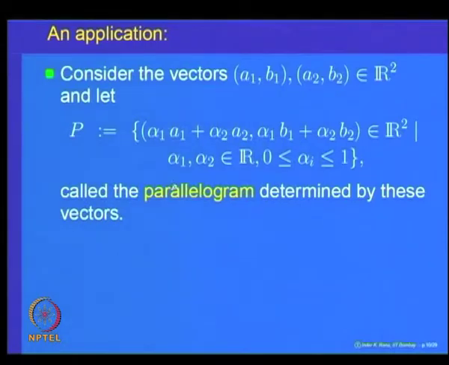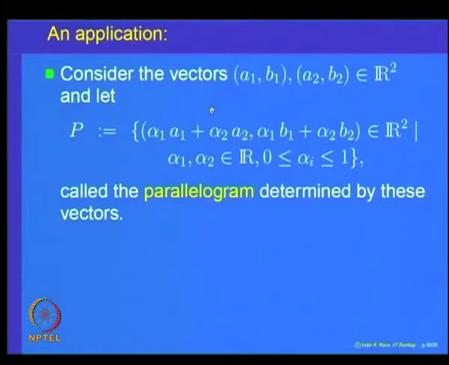So, let us look at the first application of this, namely, let us take two vectors a 1 b 1 and a 2 b 2 in R 2, and look at the set P of all vectors in the plane of the type where the first component is alpha 1 a 1 plus alpha 2 a 2, and the second component is alpha 1 b 1 plus alpha 2 b 2, where alpha 1 and alpha 2 are numbers between 0 and 1. This is called the parallelogram determined by the vectors a 1 b 1 and a 2 b 2.